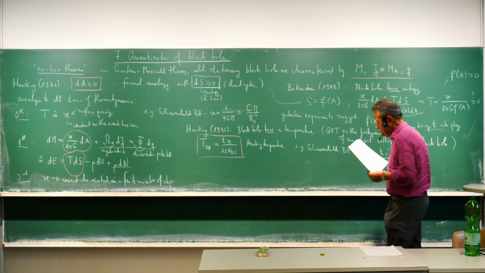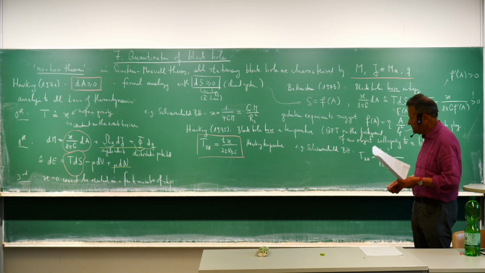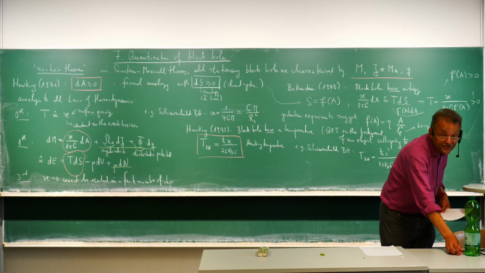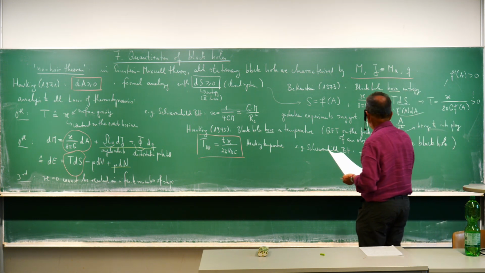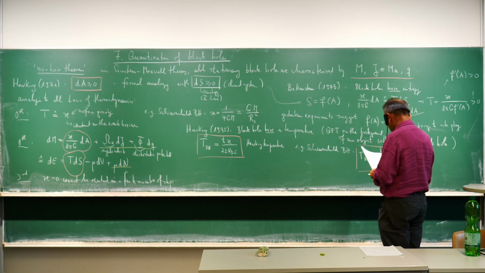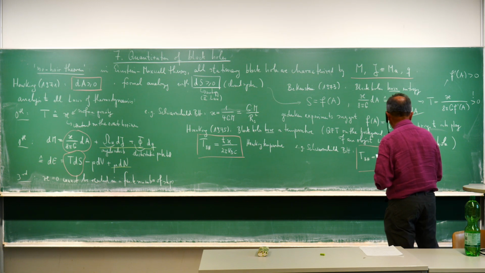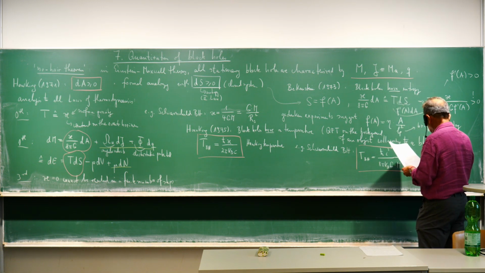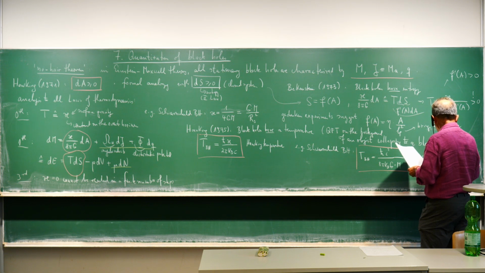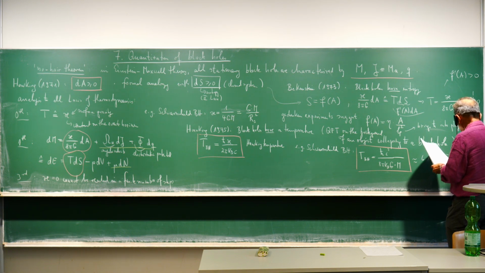If you make formal manipulations, you can set these things to 1, but if you make numerical estimates, then of course the units should be correct. So that's the famous formula, and if you insert the units, you find this is approximately 6.17 times 10 to the minus 8 Kelvin if you measure masses in solar masses.